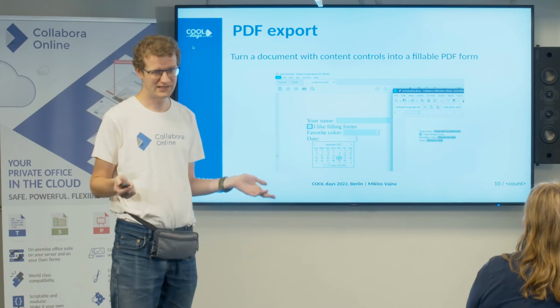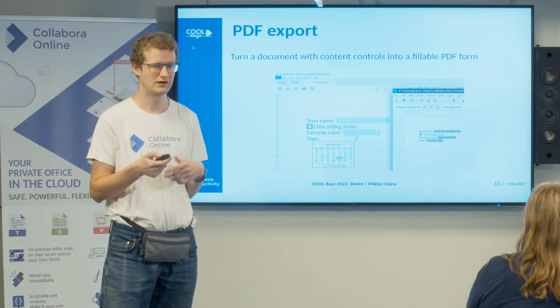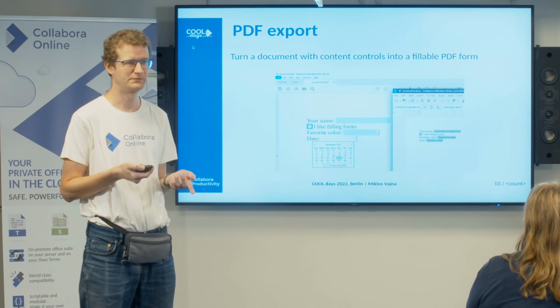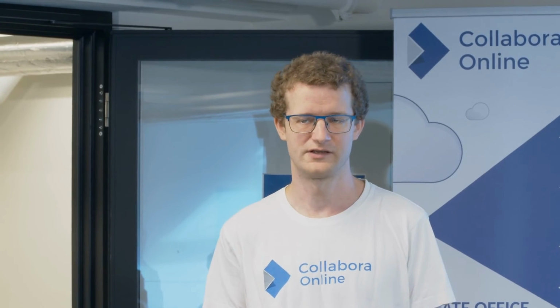So we have all these types, and then I was checking how this behaves with PDF export. And in the PDF export case, form fields were not exported to PDF forms at all. You can have that with control shapes, but you have this manual layout and sizing and positioning and so on. So that's a bit lame.